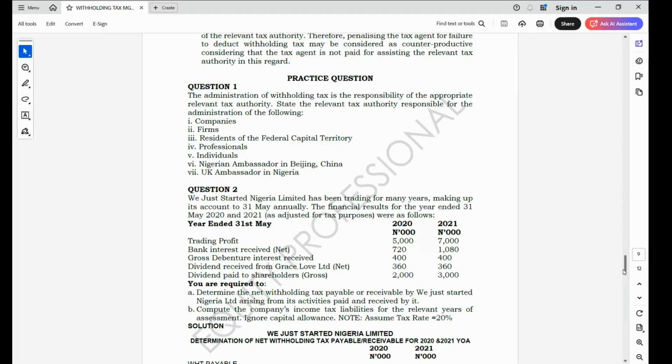State the relevant tax authority responsible for the administration of the following: 1, company; 2, firm; 3, resident of FCT; 4, professional; 5, individual; 6, Nigerian ambassador in Beijing, China; 7, UK ambassador in Nigeria. So now to the solution. Who is the relevant tax authority for withholding tax deducted from companies?